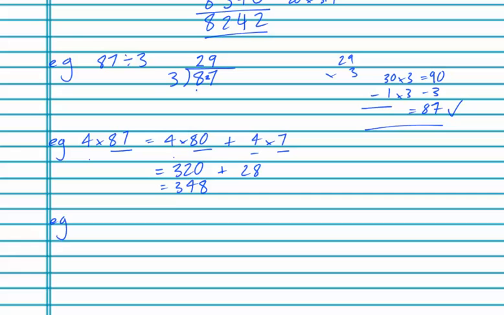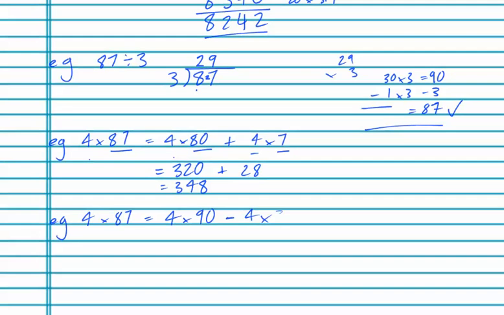So I could have done with 4 times 87, I could have said, well, okay, 80 is pretty close to 87 and it's easy, but 90 is even closer. I could have had 90 lots of 4, take away 3 lots of 4.